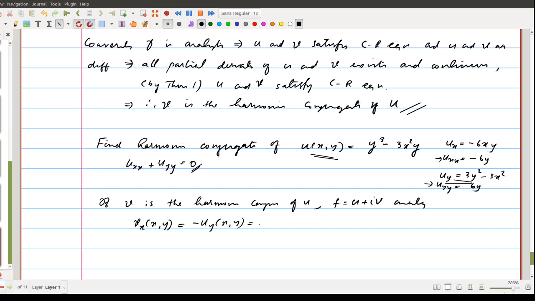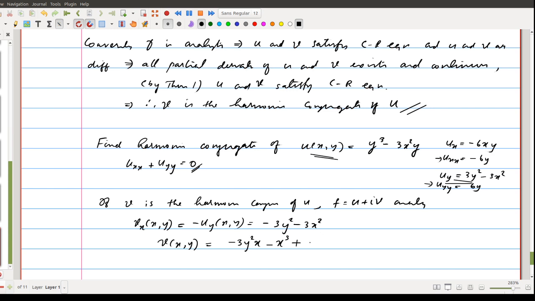So you can write this as minus of 3y square minus 3x square, and this is the partial derivative of v with respect to x. So if you integrate partially with respect to x, this will become v of x, y, and that is equal to, by integrating this with respect to x, minus 3y square x by treating y as a constant, minus 3x cube by 3, that will be x cube itself.